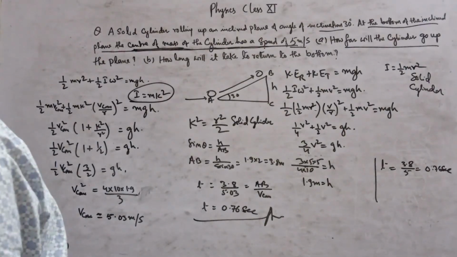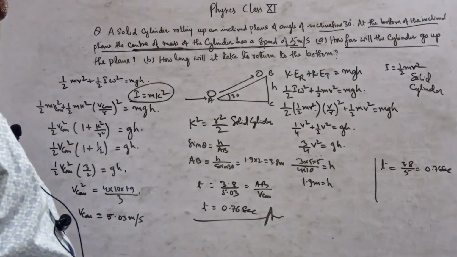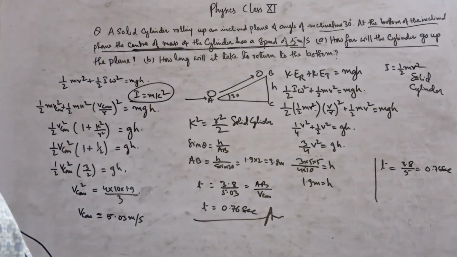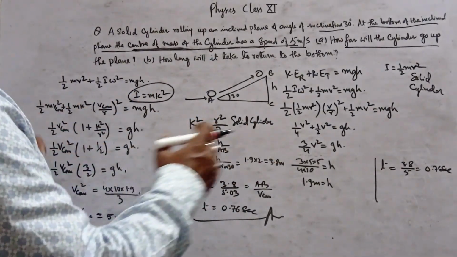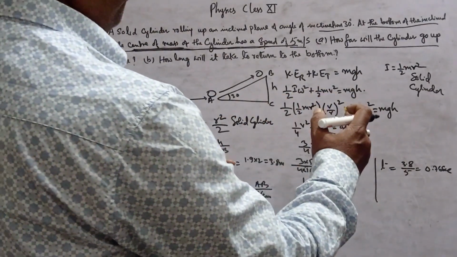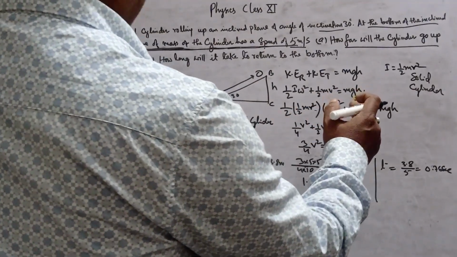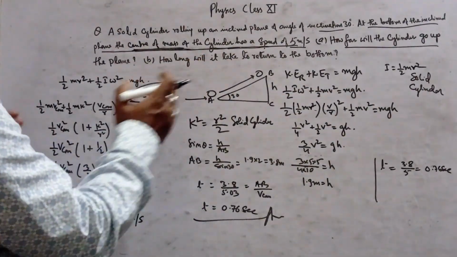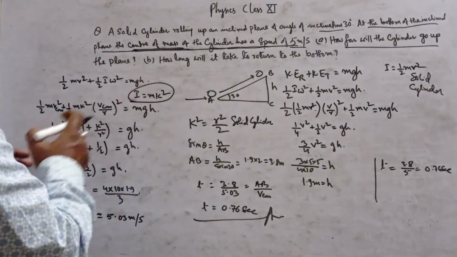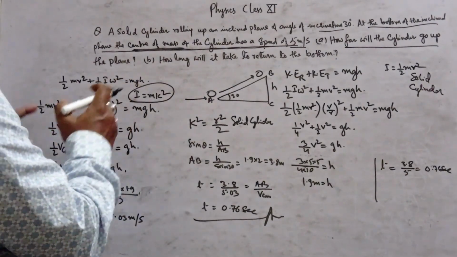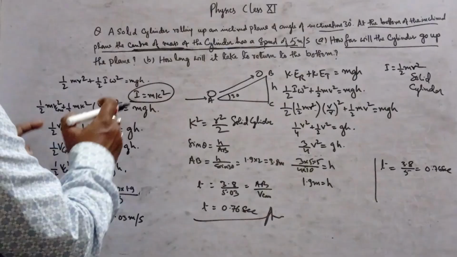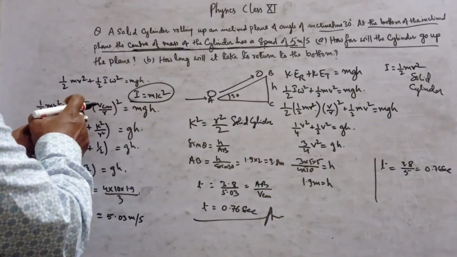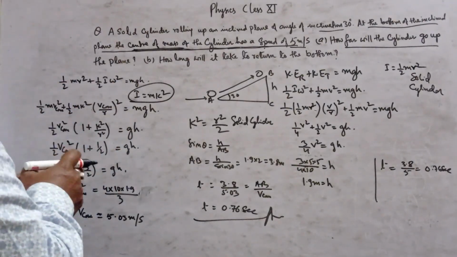So this is a question from rotational motion. I have taken it because two types of condition exist here. When it is moving up, we take only v, and when it is moving down, we take vcom, the velocity of the center of mass, which means we use k, the radius of gyration.